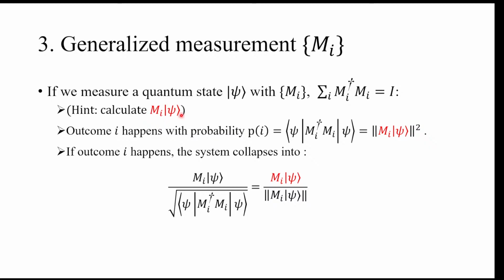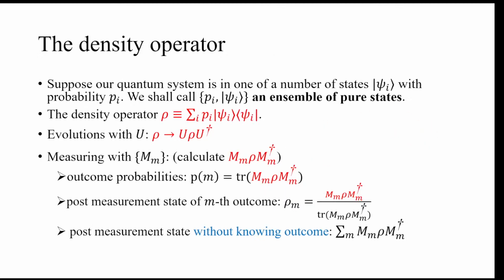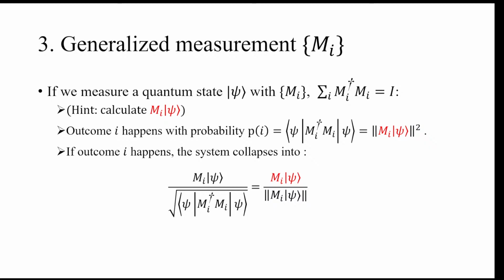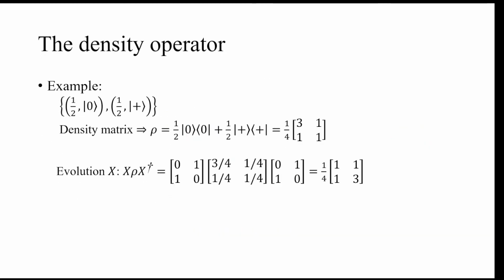Basically, you calculate Mi psi. So the post-measurement state is basically Mi psi divided by its norm, so it's normalized by dividing by the norm, becoming a unit vector. And the outcome probability is Mi psi absolute value squared. We are short on time, so let's go a little faster.